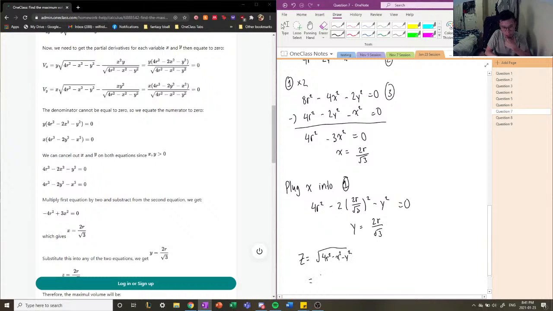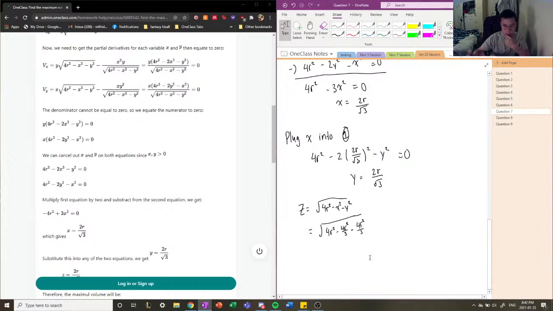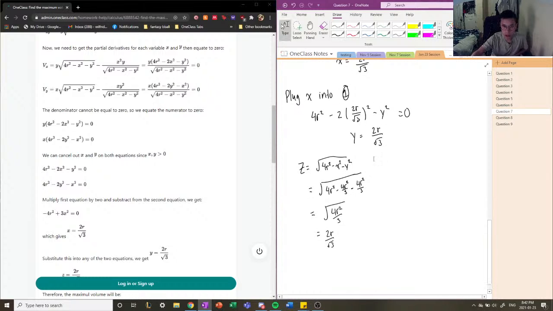So you plug x and y back into here, we get 4r² minus 4r²/3 minus 4r²/3. And if we calculate this, we get the root of 4r²/3, or 2r over root 3. Okay, so z, x, and y are all equal to 2r over root 3.